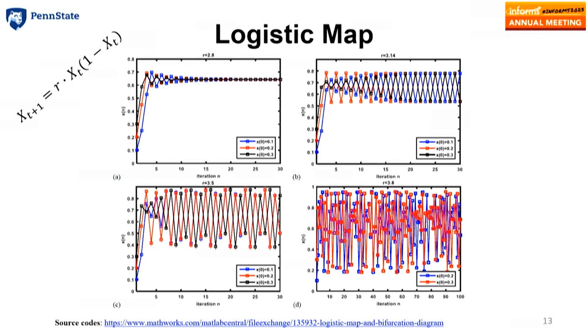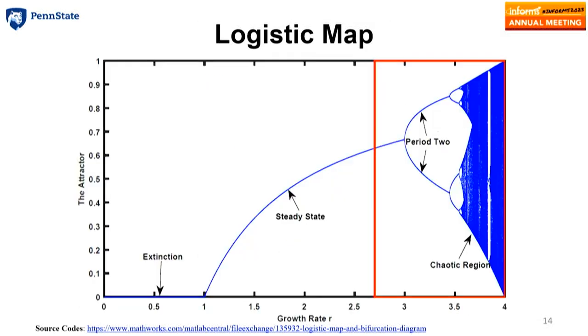Now let's study the possible states of this system in the long run. How does it relate to the parameter r? This is the logistic map bifurcation plot. On the x-axis is the growth rate r. When we change r, the attractor shows the possible long-term values of the logistic map. When r is in the range from 0 to 1, we have an extinction system.